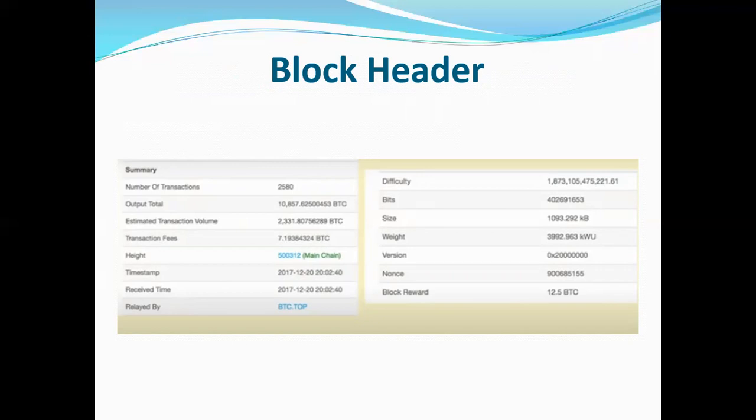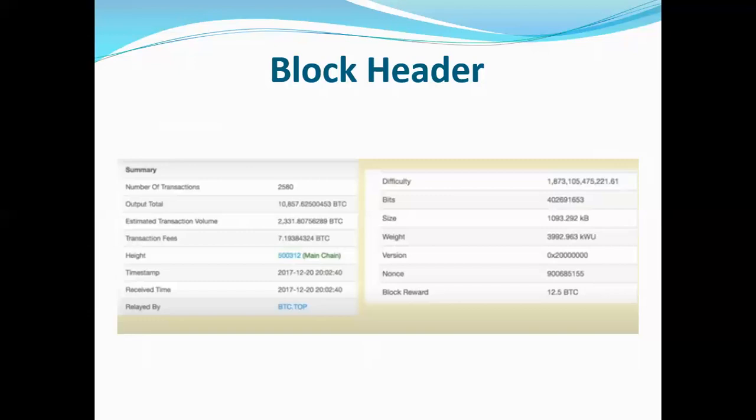Then the total amount of Bitcoin that has been transferred. Next, the transaction fees that have been taken by the Bitcoin network. The next parameter is the height of the block, that is 500312. That means the first block height is number 0, then number 1, and this block height is number 500312.